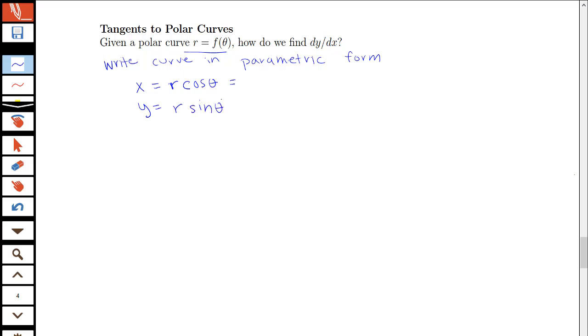So we can use for our parametric equations that x here is equal to r cosine theta, where r is our f of theta. So our x will be f of theta cosine theta, and our y will be f of theta sine theta.